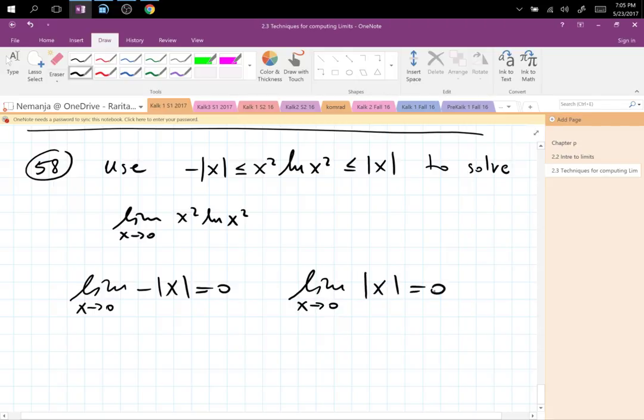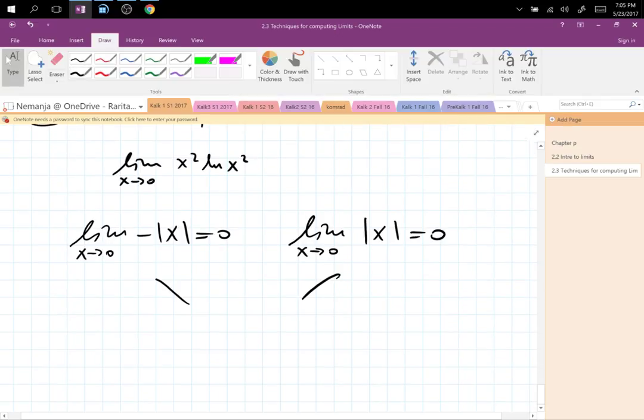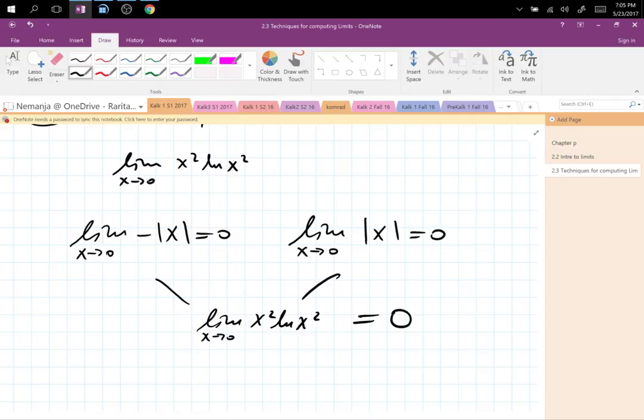This one is also 0. And then what's squeezed in between must inherit the same limit. So that's the point of the squeeze theorem. That's all we would have to do for that problem. That's what we have to show.